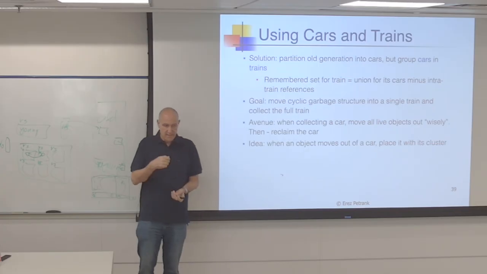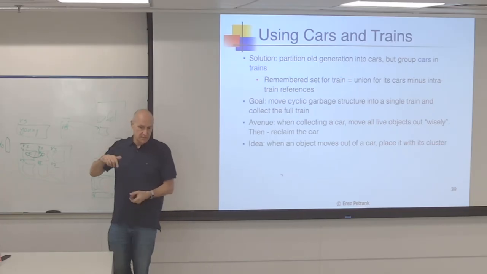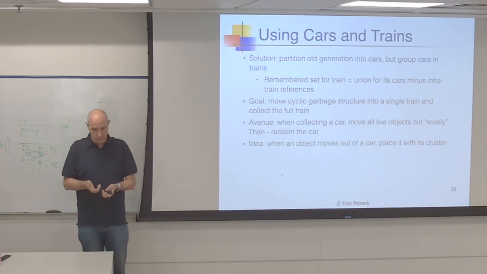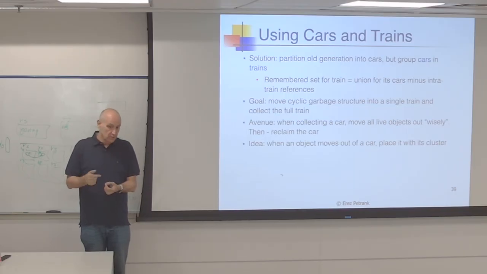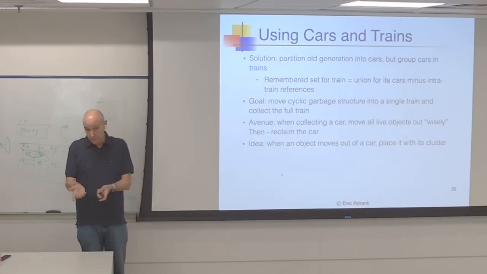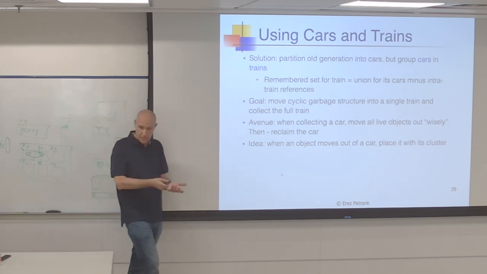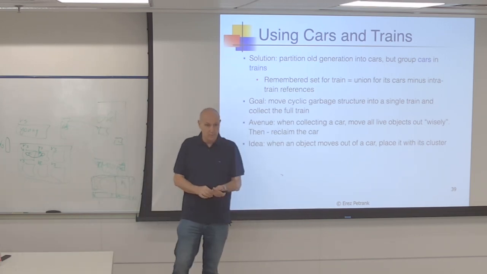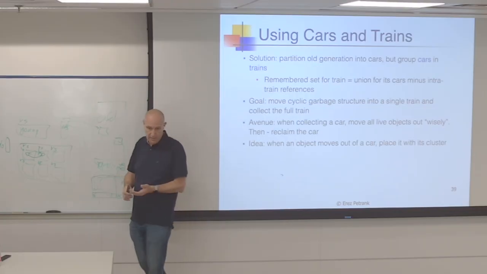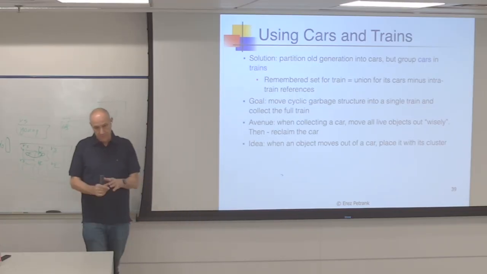If I have something that's pointed from the outside that's not part of the strongly connected component, then I will not know that the train is reclaimable. There will be some objects that will still be reachable from the outside, and then I will not be able to reclaim an entire train.